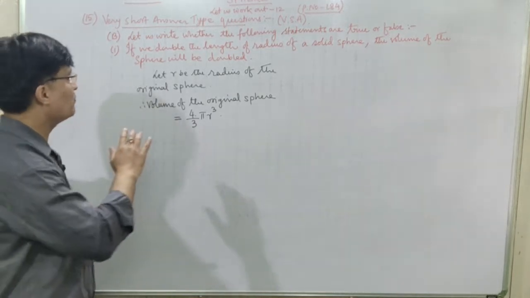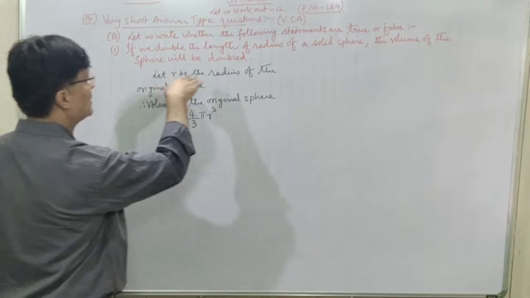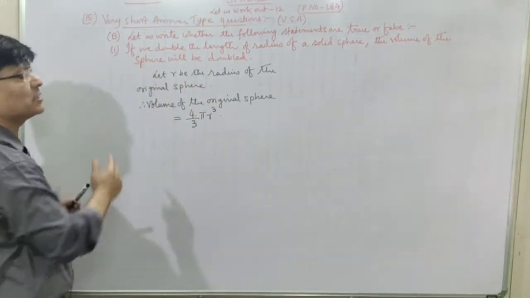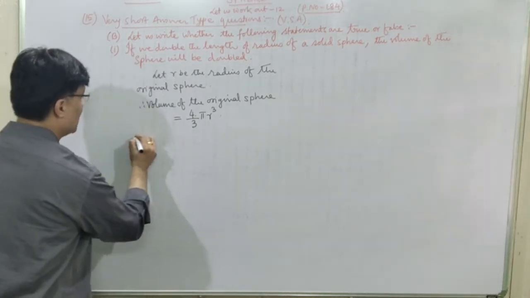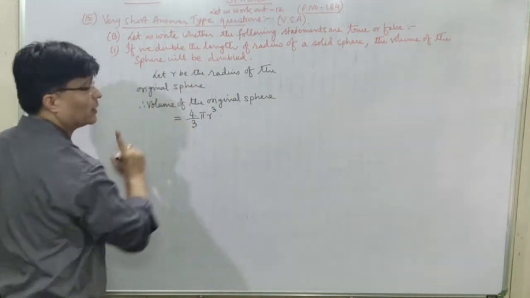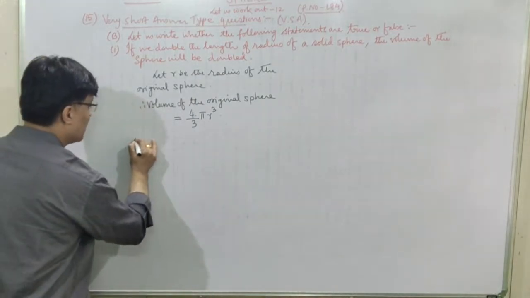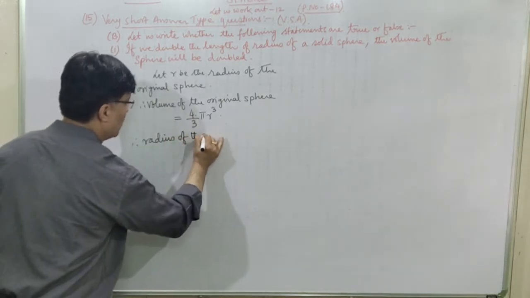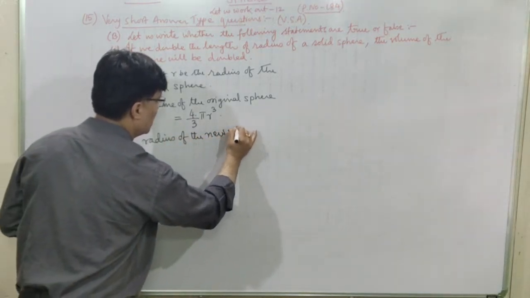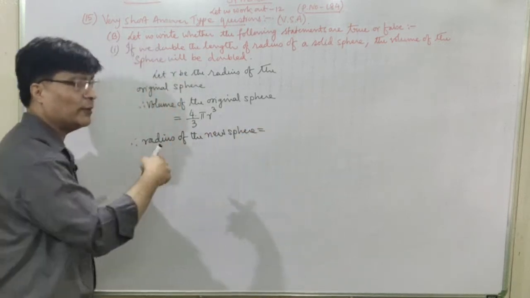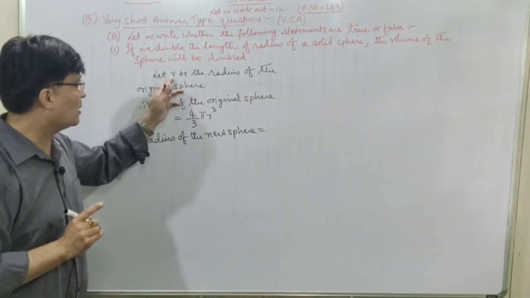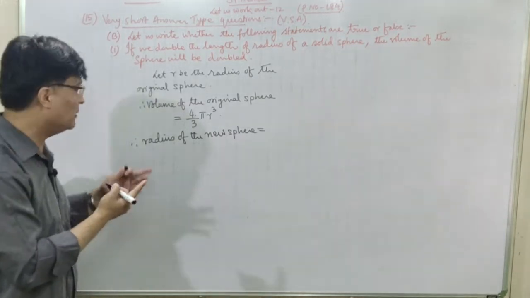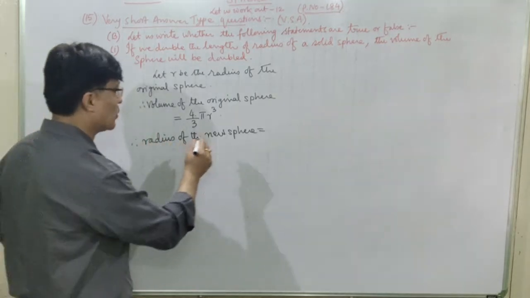Okay. Now, the radius is doubled. Let us multiply this radius by 2, because here the radius is doubled, isn't it? Now, if we double the length of the radius of the solid sphere, the radius of the new sphere will be doubled. Double means you have to multiply this original radius by 2. That is, the radius of the new sphere is twice r.